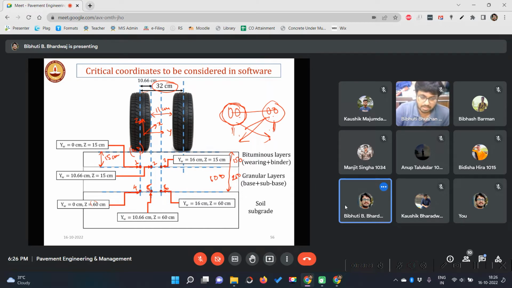So have you completed? Noting down the coordinates. Yes or no? So still drawing, sir. Okay. You can write like this also, 16, 60. You'll understand.